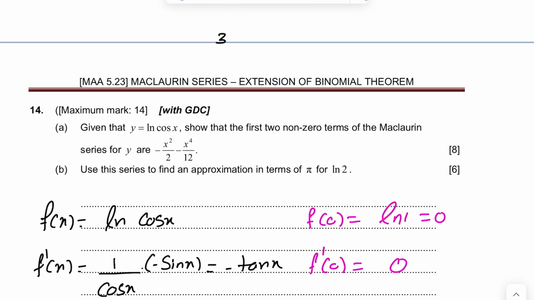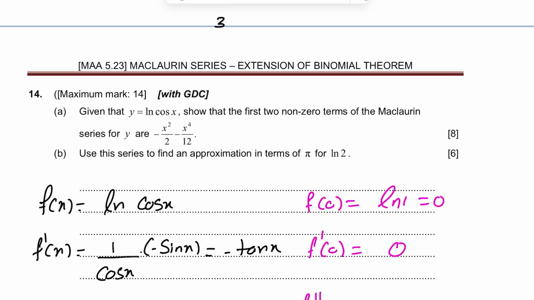Next, use this series to find an approximation value in terms of pi for ln 2. So I take x equals pi upon 3.